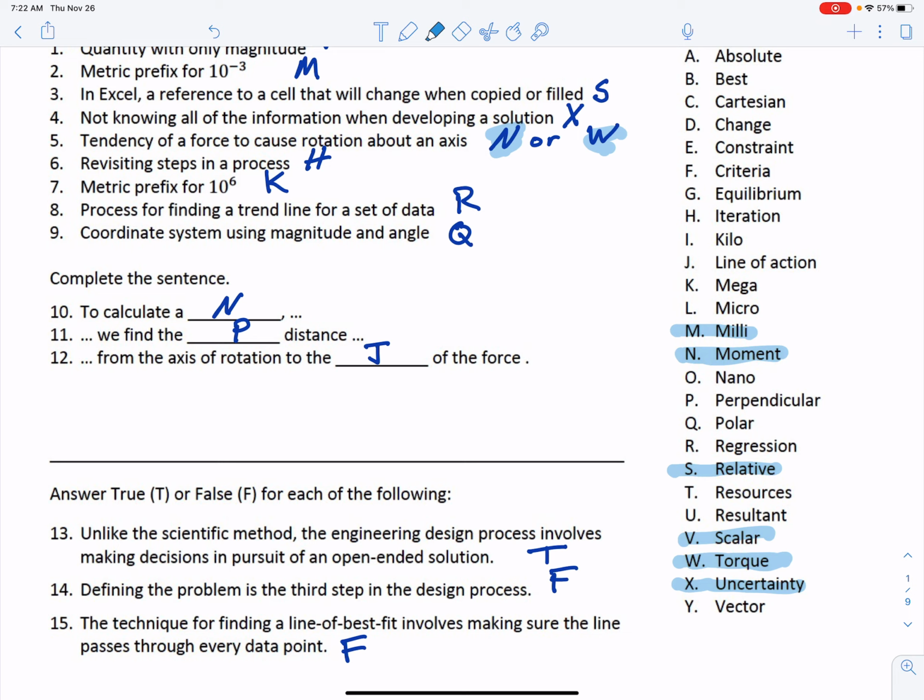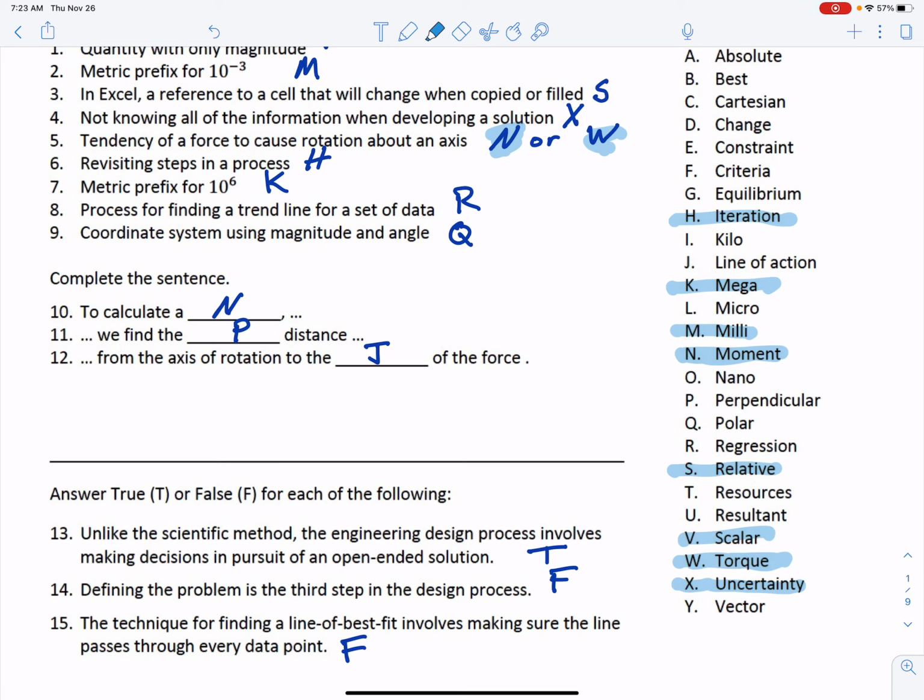All right, revisiting steps in a process. Again, Oakes and Leon, that is iterating. Okay, a metric prefix for 10 to the 6th, that's mega, which is item K. Process for finding a trend line from a set of data. Okay, so a trend line, there's different ways you can do trend lines. There's a linear regression.